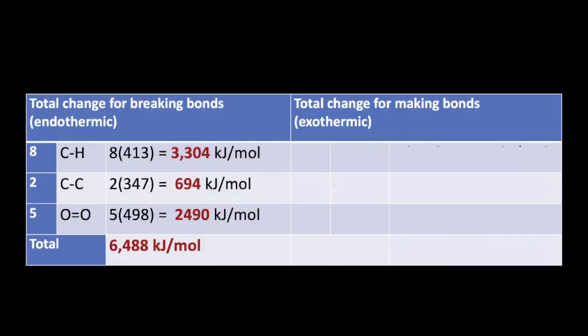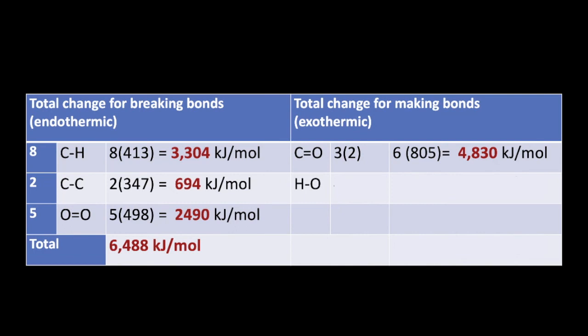Now let's go back to our table so that we can take care of the stoichiometry. For our carbon-oxygen double bond, we have 3 molecules, each of which has 2 carbon-oxygen double bonds. So we are going to multiply our bond enthalpy by 6, and that'll give us 4,830 kilojoules per mole.